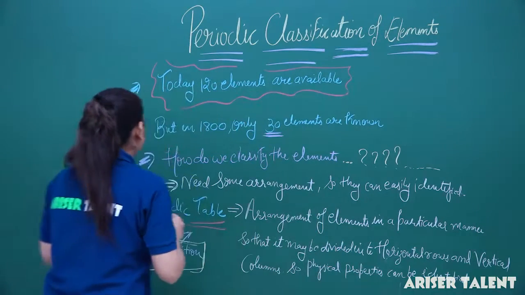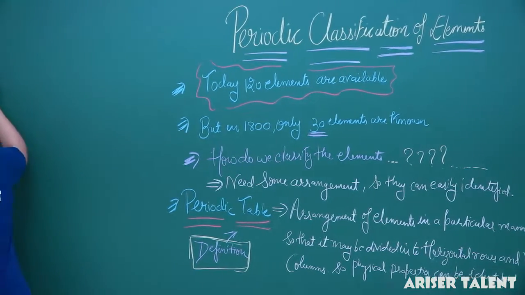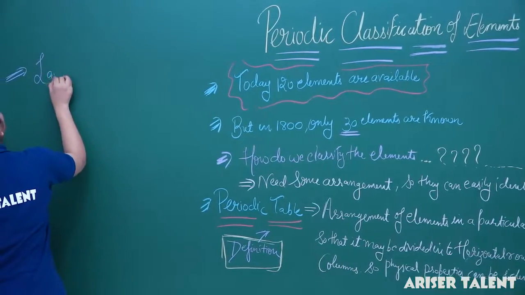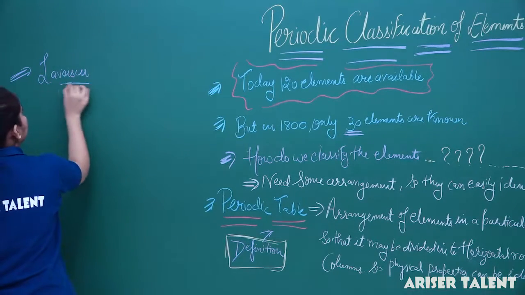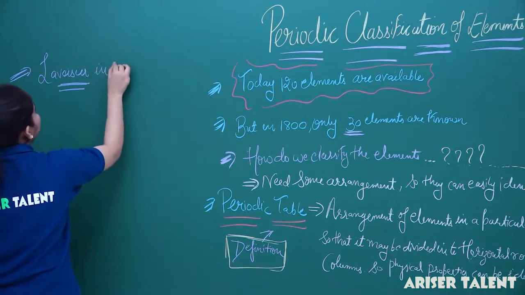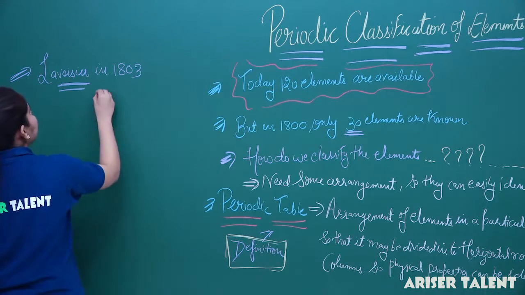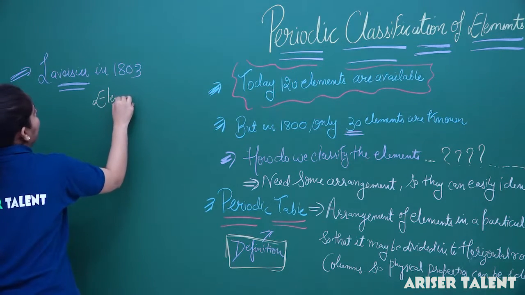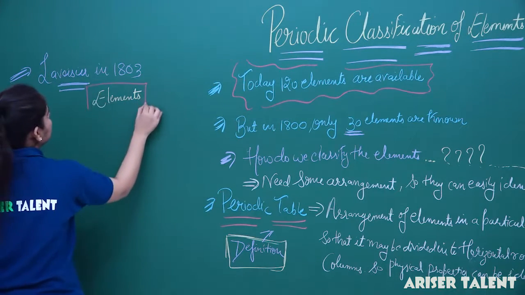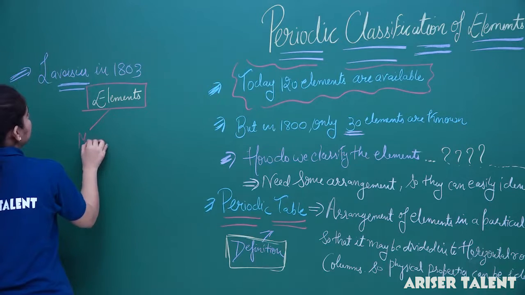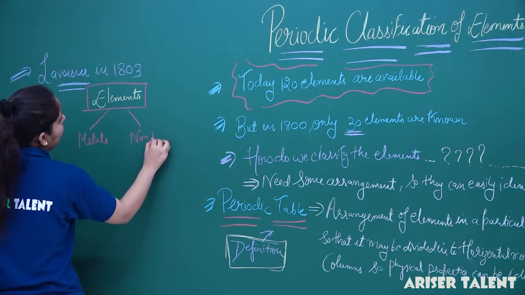So what happened earlier? The scientist Lavoisier, in approximately 1803, said that elements can be classified into two categories, that is, metals and non-metals.